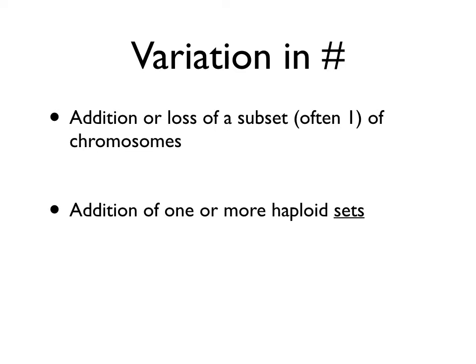That is this second category here in which we might observe one or more haploid sets being added or, less frequently, removed from the genome of an organism. So the first of these, the addition or loss of a subset of chromosomes, is referred to as aneuploidy.